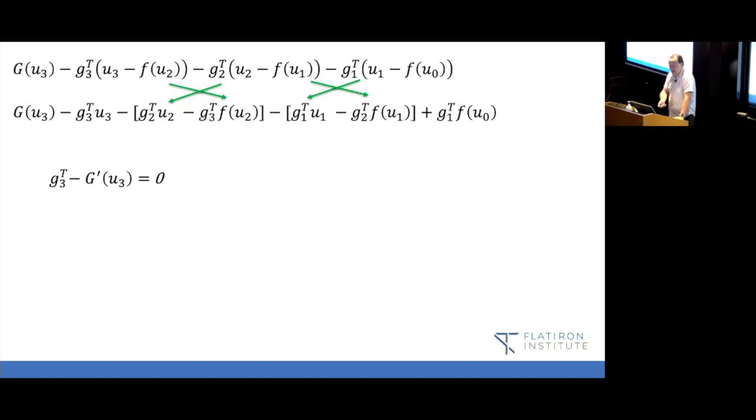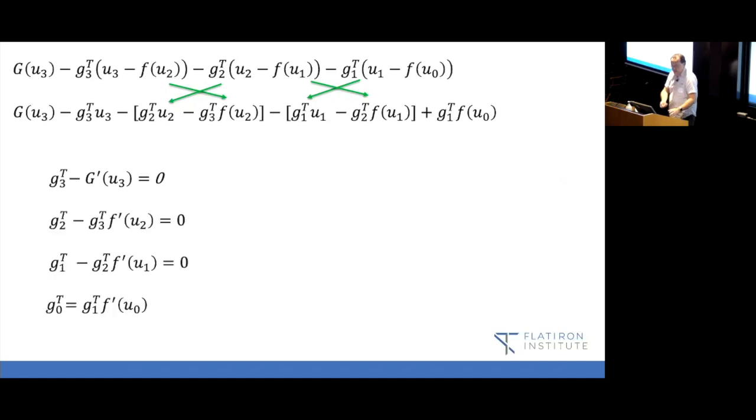I first take the derivative with respect to the U3s, then with respect to U2 and U1, and I get the same formulas as I had before, not written in the transposed way.